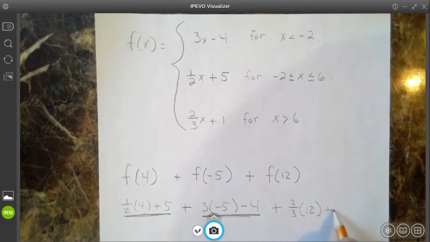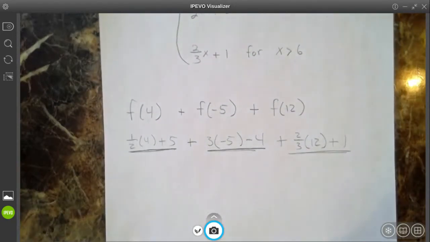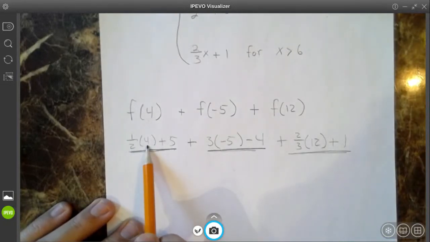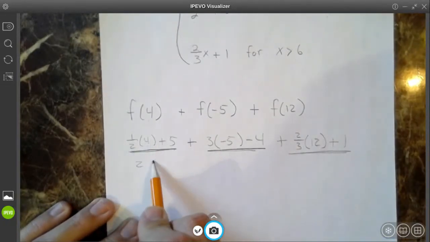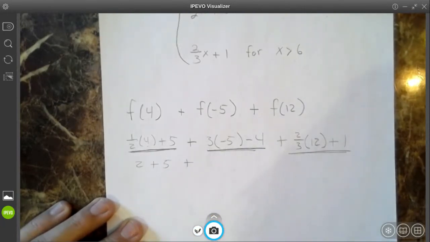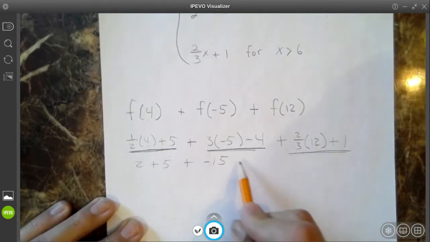Now, if you're already reaching for a calculator, you just don't realize how easy some of this can be once you know how to do it. So let's work this out. 1/2 times 4 is equal to 2. 2 plus 5. And then here we've got 3 times -5, that's -15, and then minus 4, of course.